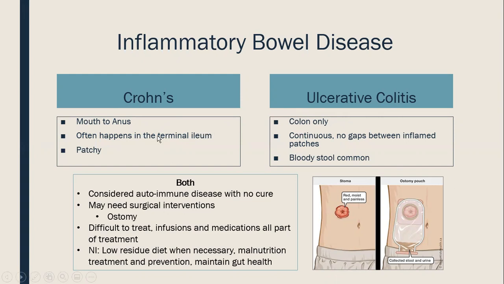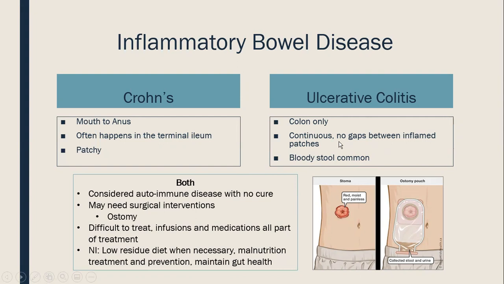Another distinction is that Crohn's can be patchy, where we see a small patch in one portion of the colon, go down a foot or two, and see another patch. In ulcerative colitis, we really just see it continuously throughout. There aren't gaps between the inflammation patches.